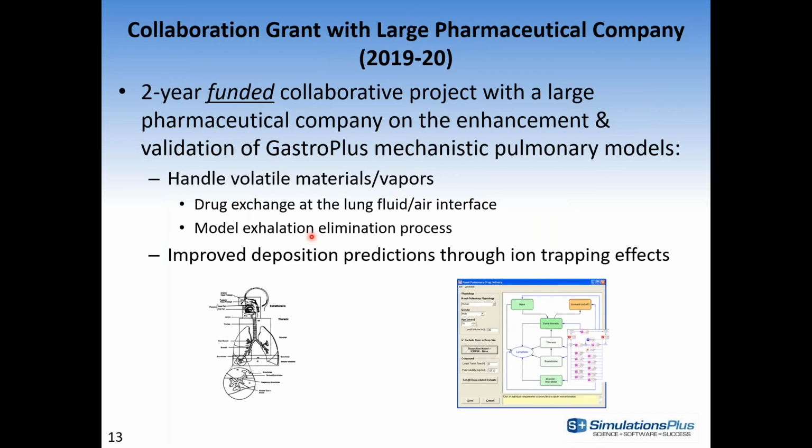And then we've also introduced the new lysosomal trapping considerations in the model, which will have some impact on the estimations of deposition fraction calculations and also on the unbound percentages within the tissue cell environment.